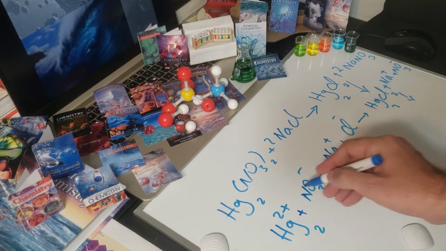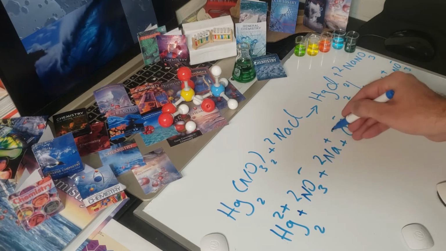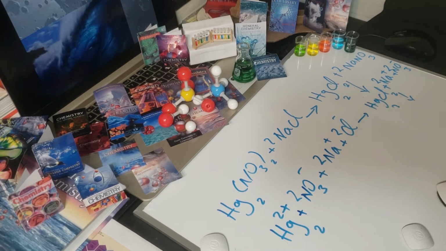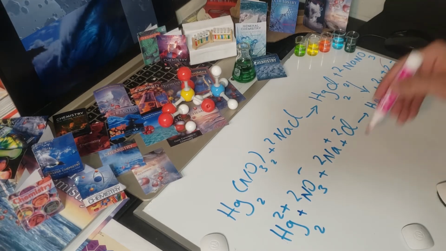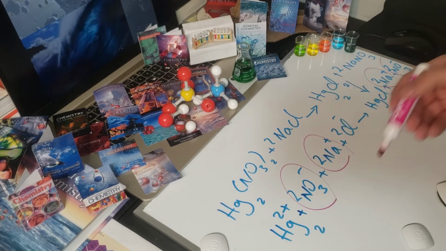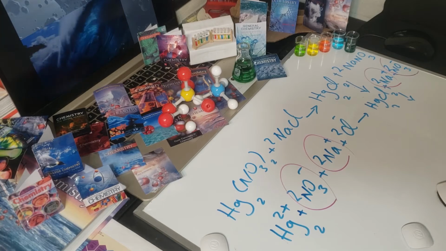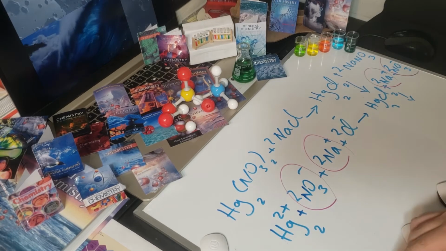Okay, so you have 2 nitrates here, just one of those Hg2s, 2 sodiums, 2 chlorines, also 2 sodiums, 2 nitrate here. Okay, and when you actually circle nitrates and circle the sodiums, you could see what's happening in this example for Hg2Cl2.